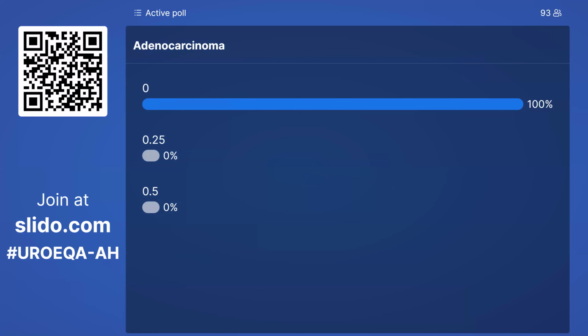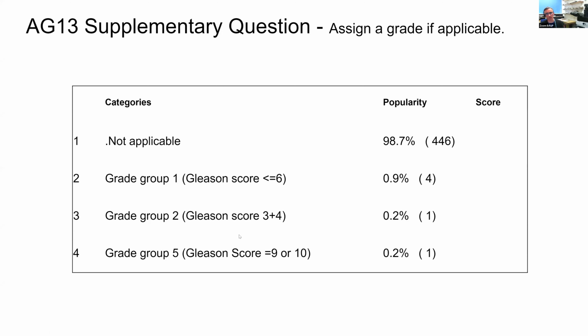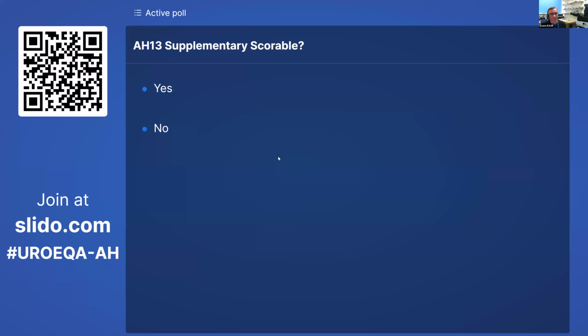Yep. So then the next supplementary question. The vast majority, who obviously scored it as benign, said not applicable for Gleason score. But as you see, 6 people have tried to Gleason score. One thought it was very high grade. So shall we try and score this?